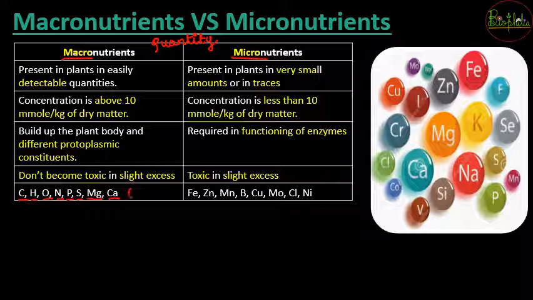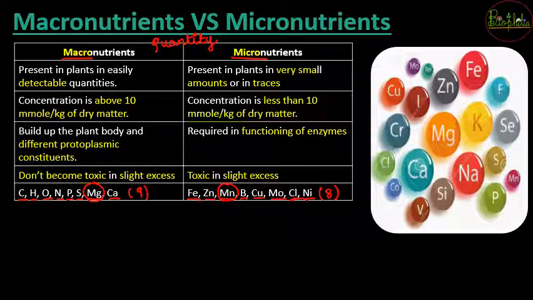These in total are going to be 9 out of 17 and the remaining 8 are going to be the micronutrients that involve iron, zinc, manganese, boron, copper, molybdenum, chlorine and nickel. So to remember the difference, magnesium जो होता है, it is going to be a macronutrient, whereas manganese is going to be a micronutrient.